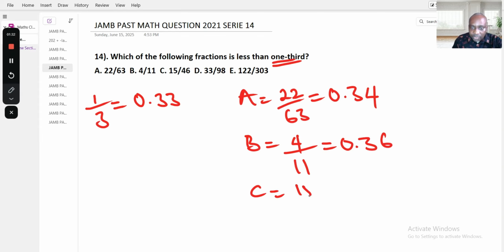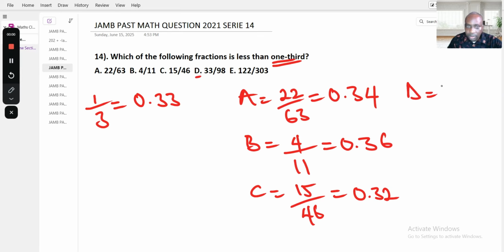What is option C? Option C is 15 over 46. 15 divided by 46 is going to give us 0.32. Now let's move to D. Option D, 33 divided by 98.